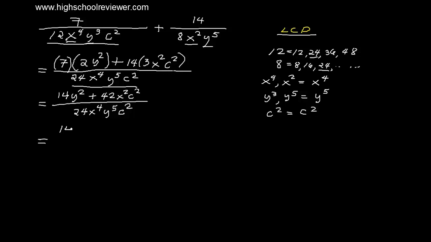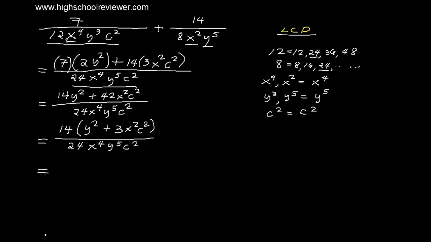This will be 14 here, and then we will have 14y squared divided by 14, this will be y squared, plus 42 divided by 14, that will give us positive 3, and then just copy x squared c squared all over our LCD, which is 24 x raised to the power of 4, y raised to the power of 5, and c raised to the power of 2.